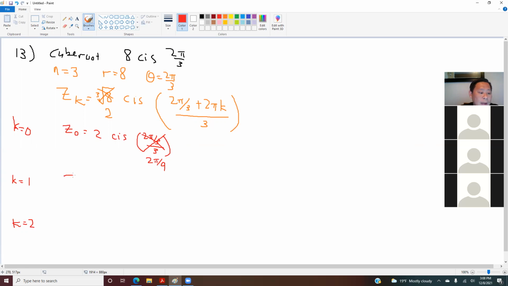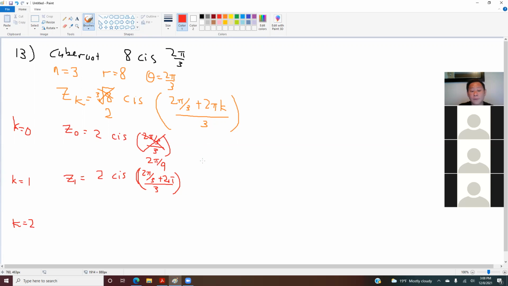Next, you plug your k to become 1. So 2 CIS 2 pi over 3 plus 2 pi because your k is 1, all over 3. Now take out your calculator and do what is 2 over 3 plus 2, the whole thing divided by 3.